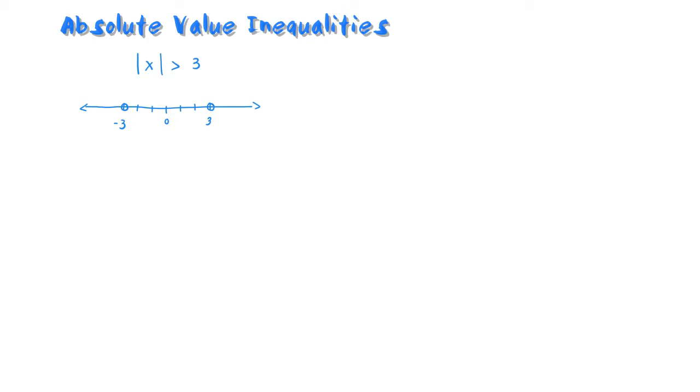That means that it could no longer be in this region over here because these are within 3 units away from 0. If we want more than 3, that is talking about these x values right here, and all of these x values on the left as well. We are not even allowed to include 3 and -3 because we have a strict inequality. We don't have greater or equal. We have strictly greater than 3.